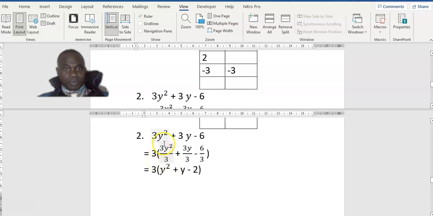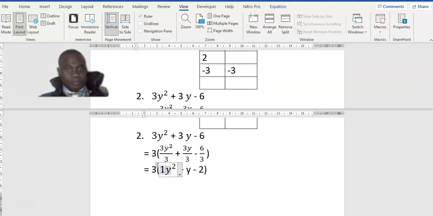So it's going to be 3y squared divided by this 3, plus 3y divided by this 3, minus 6 divided by 3. Close the bracket. So we have 3, and we have 1 in front.